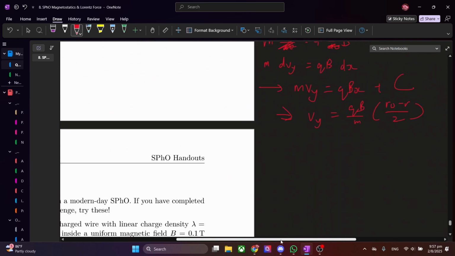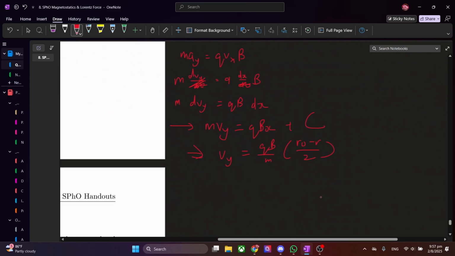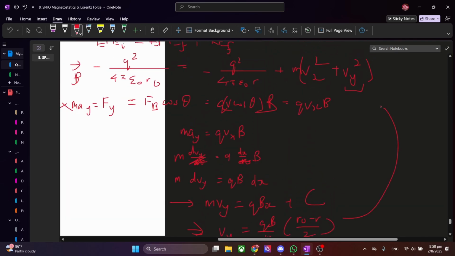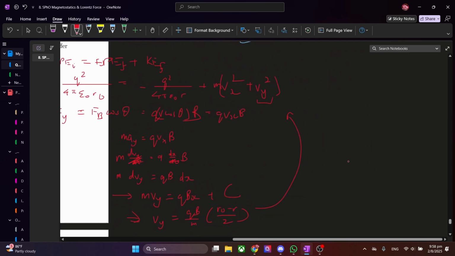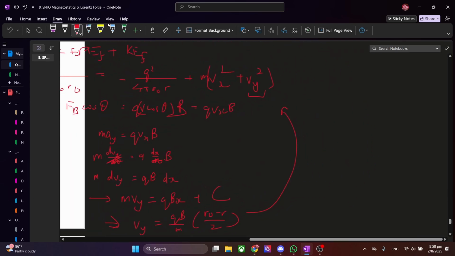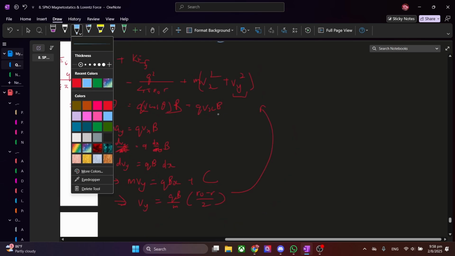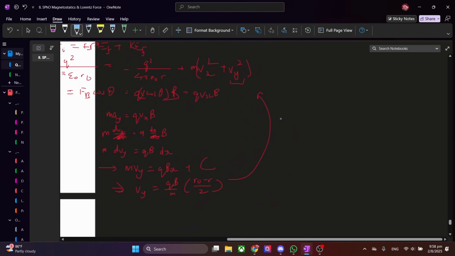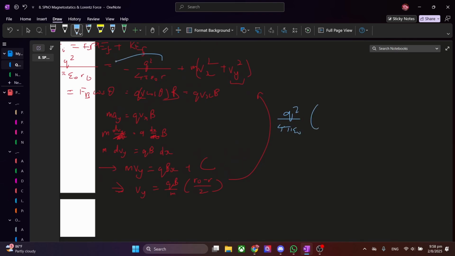So all that's left to do is we just need to substitute the expression for Vy, right? So we take this and we substitute it there. What does that give us? Let's write the whole equation. We get Q squared over 4 pi epsilon naught. We bring this over to the other side.